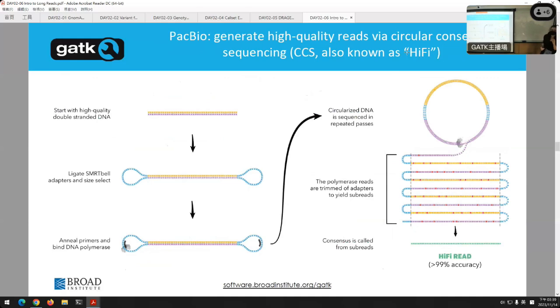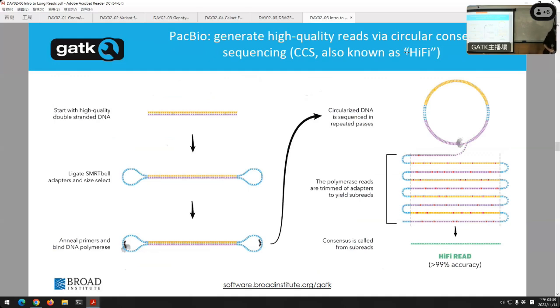And the result is that it will sequence the same fragment of DNA over and over. So you get multiple independent readings of the same fragment. And that allows PacBio to do something that they're calling circular consensus sequencing, or CCS.